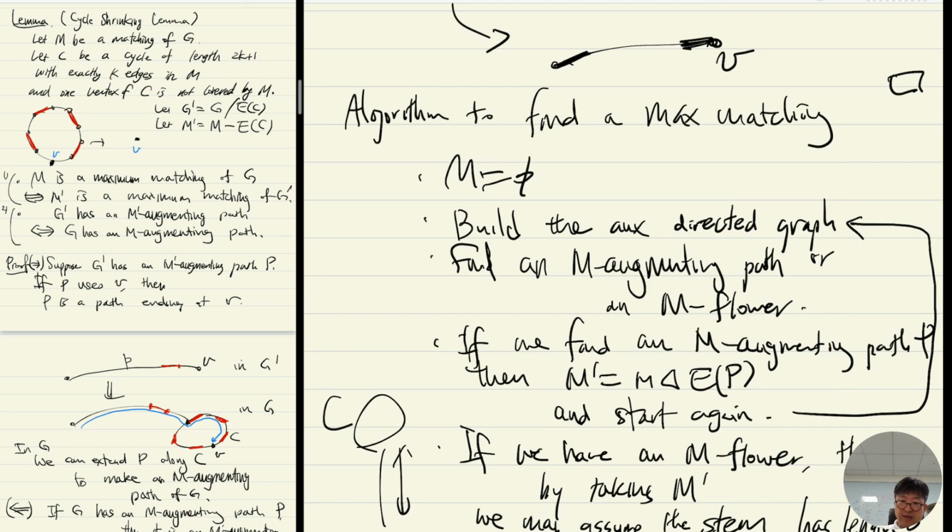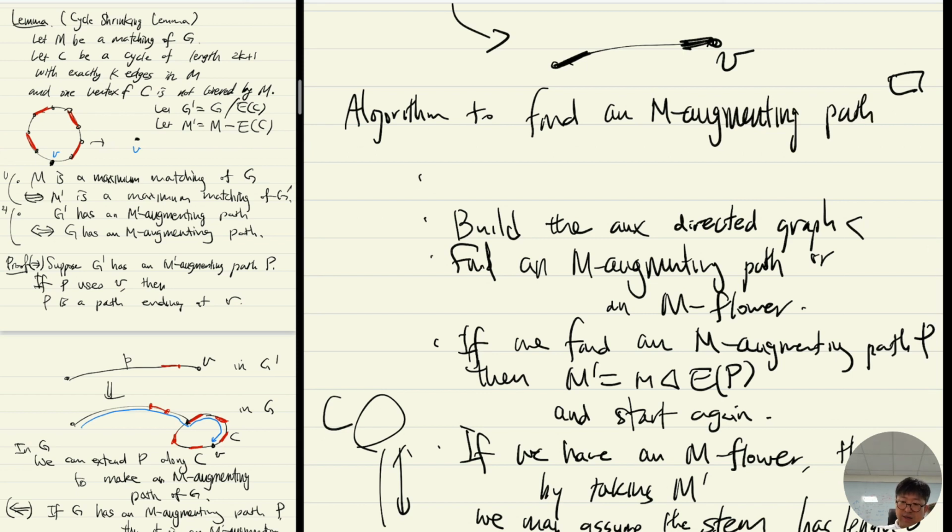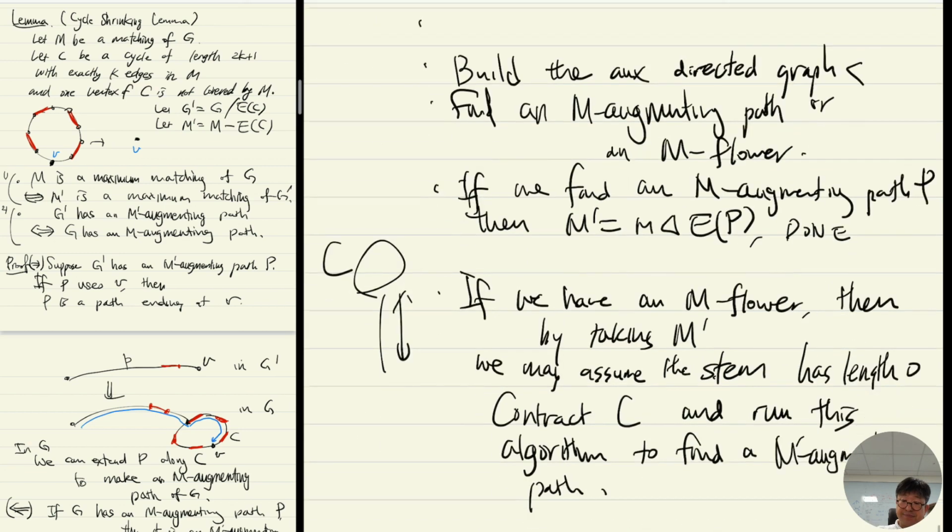Okay, maybe I should say it's not an algorithm for finding a maximum matching; I would say it's an algorithm to find an M augmenting path. So then instead of saying start again, we just say done, right?